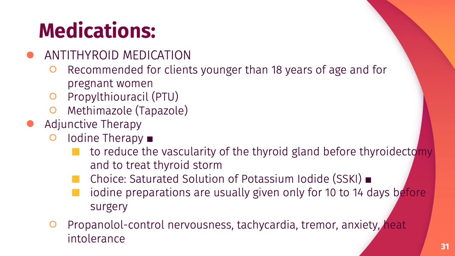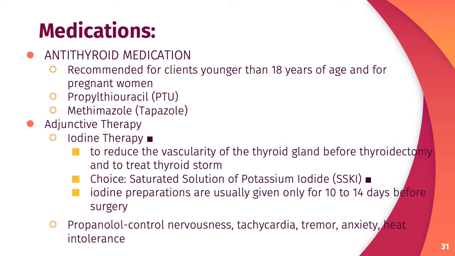For the medications, we have antithyroid medications. These are recommended for clients younger than 18 years of age, and for pregnant women, we have propylthiouracil and methimazole. Adjunctive therapy could include iodine therapy.